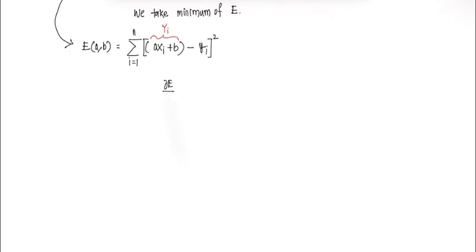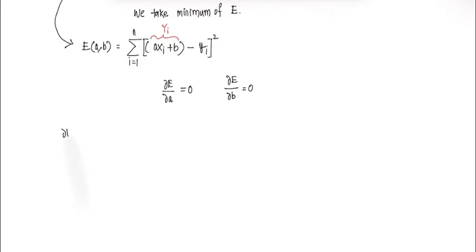We partially differentiate with respect to a and b, as these variables depend on two things, a and b, and equate the value to 0.